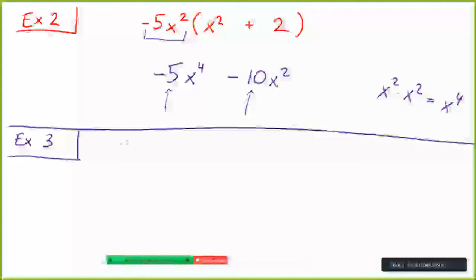All right, let's bump it up a notch and try doing 2 binomials multiplied together. X plus 3 times x plus 4.